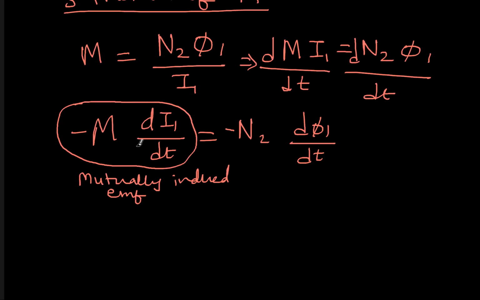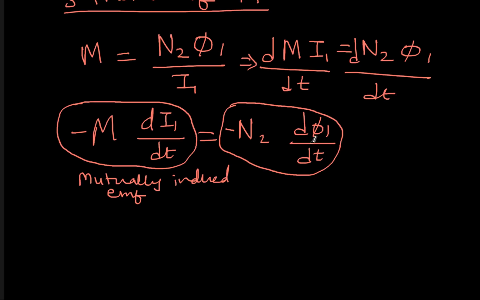This is the EMF induced in the second coil because of the rate of change of current in the first coil. So that is nothing but minus N2 into d phi 1 by dt. This is the rate of change of flux linkages of the first coil's flux with the second coil. So this also is nothing but mutually induced EMF. Basically, both are equal.